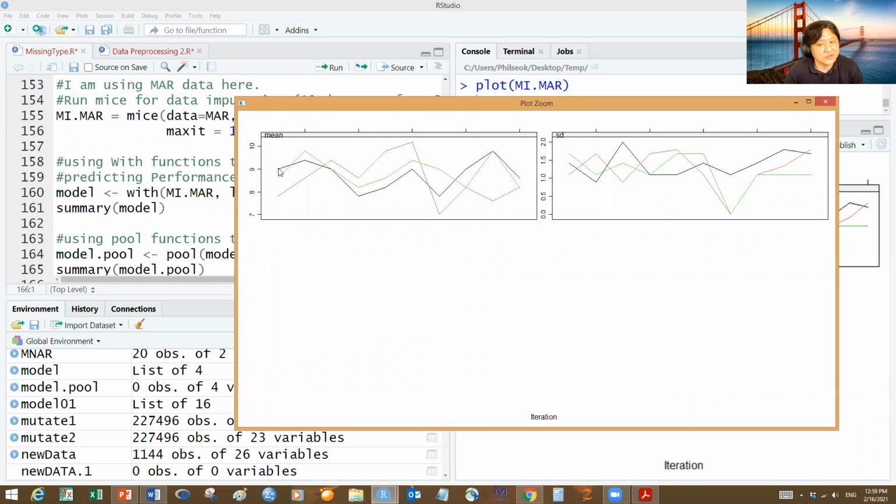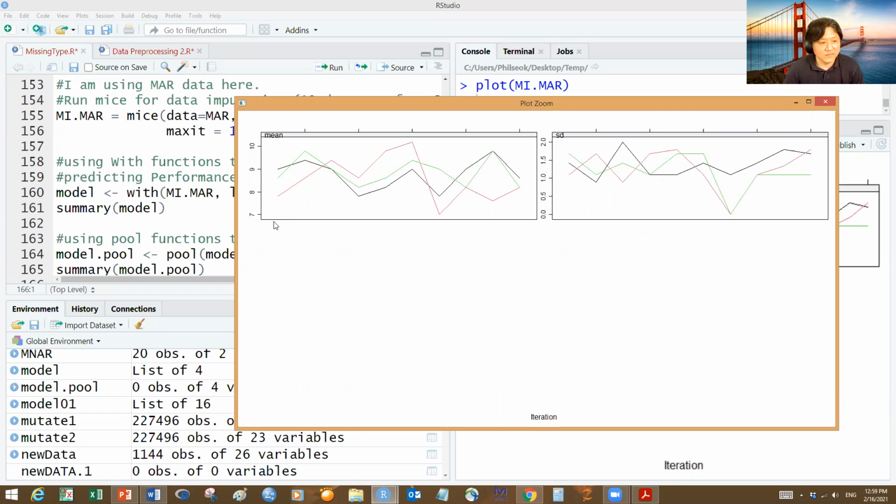So this is the first imputation, the first complete data set, here, here, here. So this is the mean of imputation. Okay. And then this is the second set of data, the third set of data. So we want these patterns to be pretty stable and within a certain range.